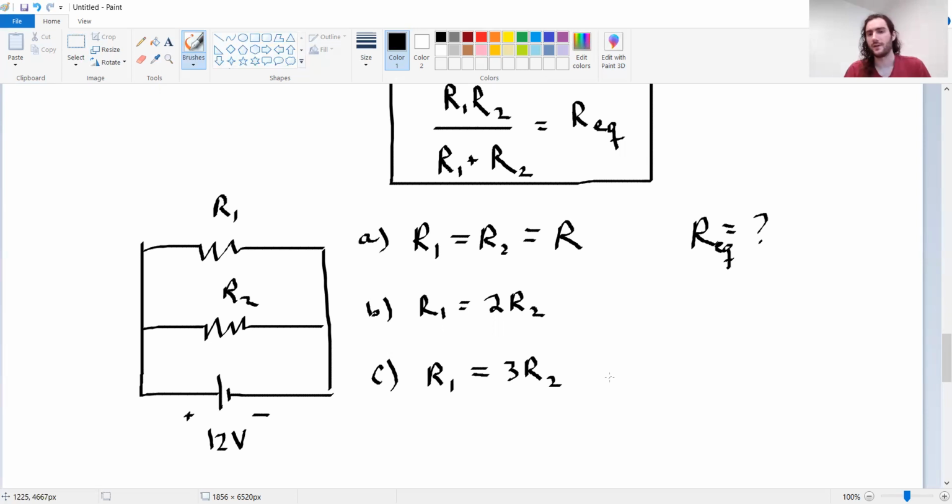So different ratios of the resistors. It might be nice to see the answer that you get, and that might be useful when you come across a problem on the homework and you see, oh, this resistor is twice as big as this one, so I know the answer is going to be this. Okay, so go ahead and work on that real quick. I have something I need to do really fast. I'll be right back in like 2 minutes.